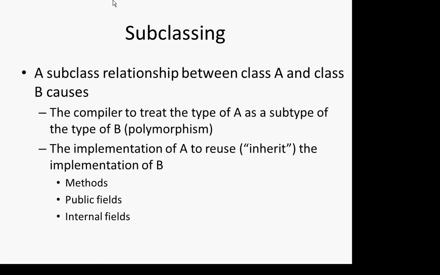Does that make sense to people? All that implementation comes along with this subclass relationship. And in general, if you have A being a subclass of B, A inherits all the implementation of B except whatever it's overridden. So it gets all the data. It gets all the methods.